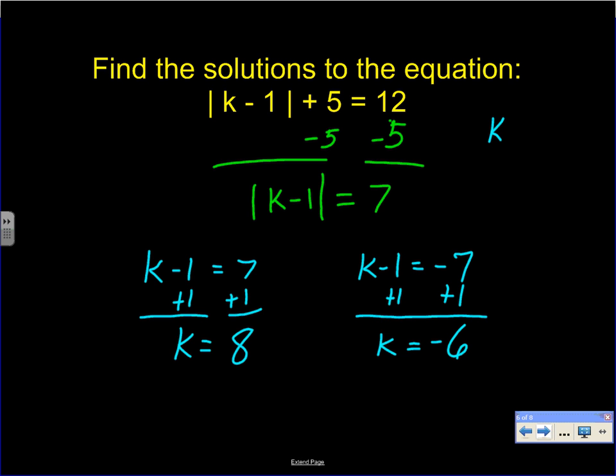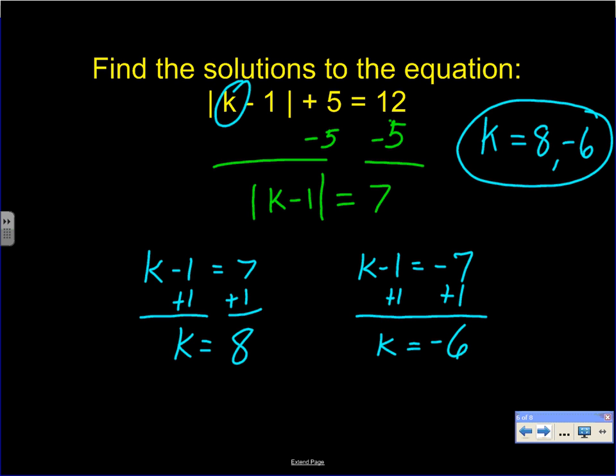So your answer, k, I should have paid a little more attention. It was a lowercase k, so you should use lowercase k in your work. 8 and negative 6 are the answers for it.